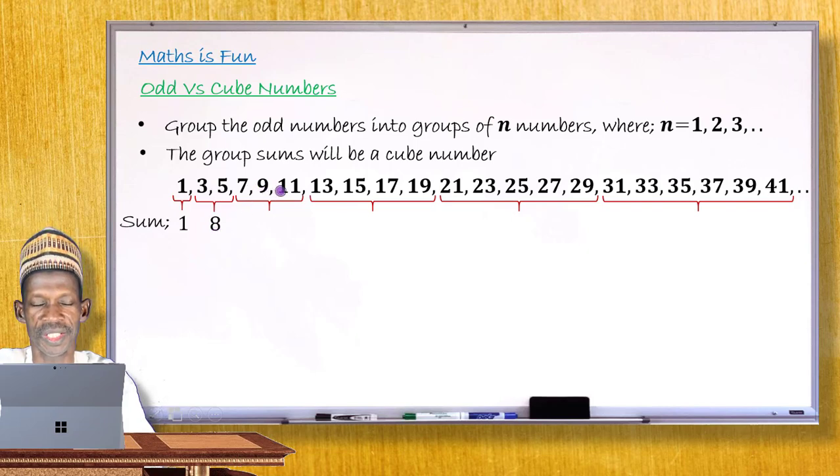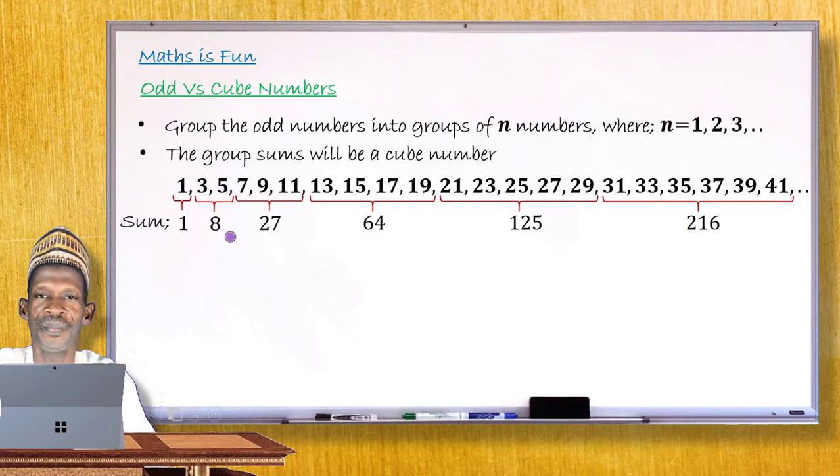Next group contains 3 numbers, and if I add them together correctly, it gives you 27. Next group, there are 4 numbers. Addition of those 4 numbers correctly gives you 64. Next group, 5 numbers. Addition of those numbers done correctly is 125. Next group, addition gives you 216. So this is the sum, the result after adding. Each of them will now be a cube number.